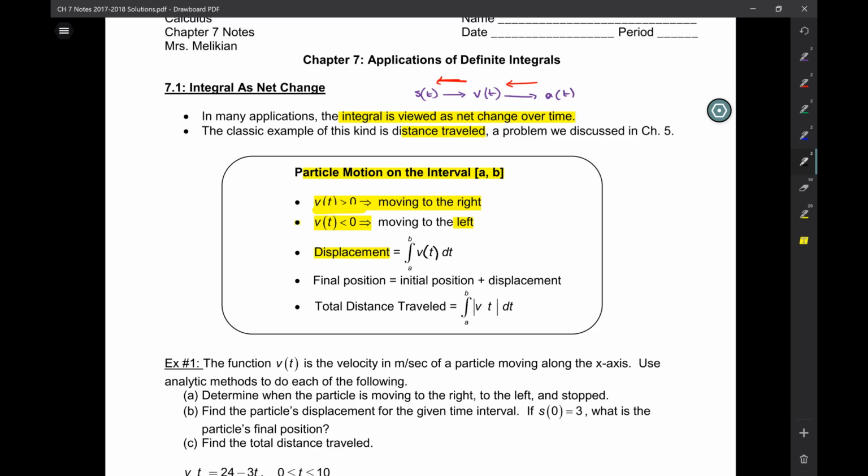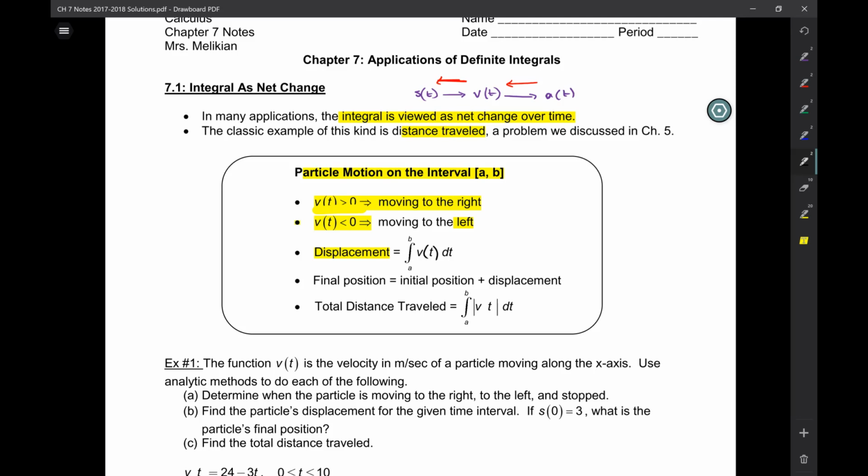Displacement is how far away you are from where you started. So suppose you start here, okay? You go 5 steps forward, 2 steps back. Where are you? 3 steps forward. How many total steps did you take? 7. But displacement doesn't count the going and coming back. It's just where you were and where you are now.